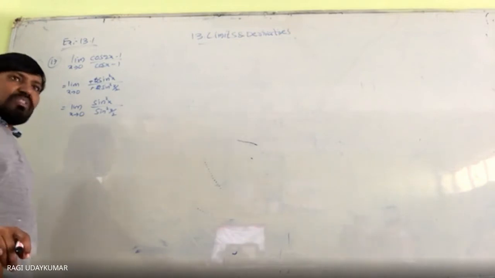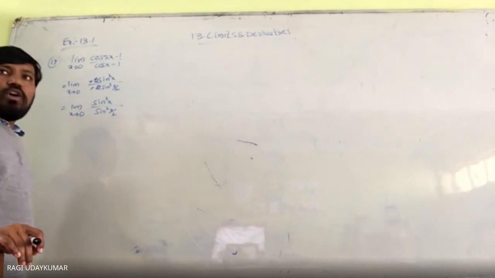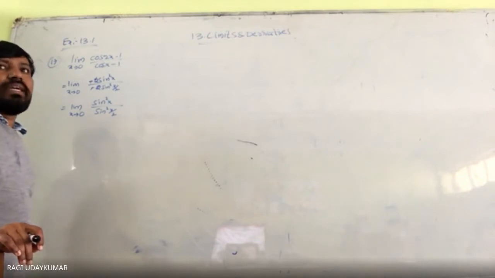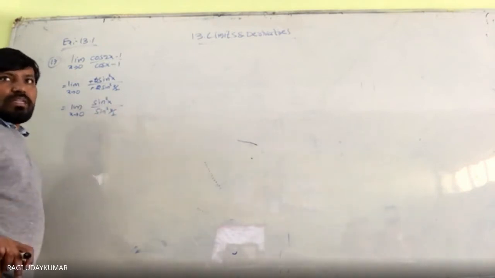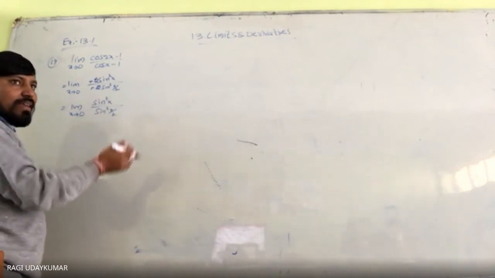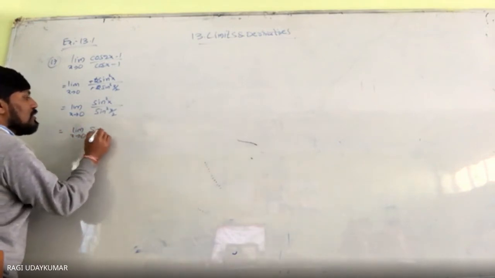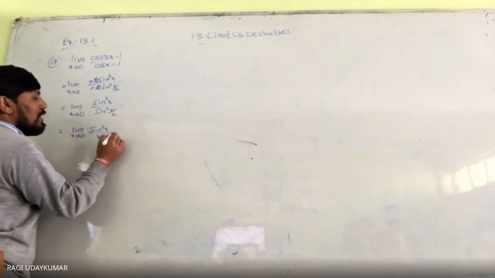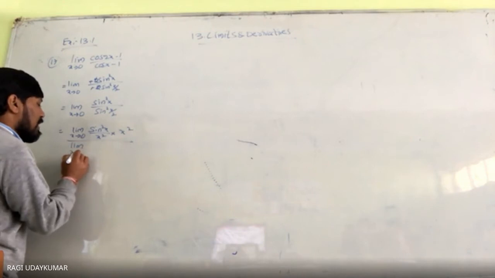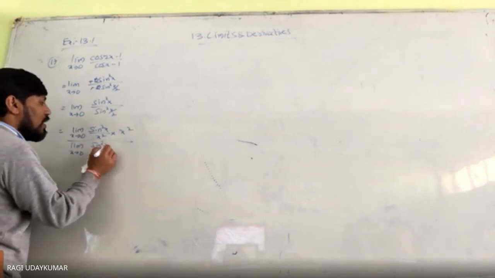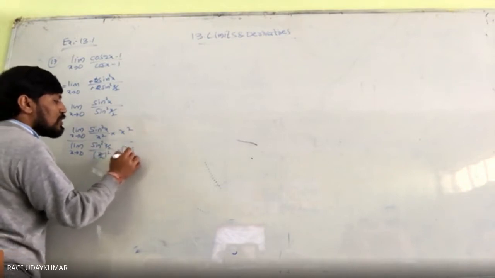How do you reform this into the form of sin x by x? In the numerator and denominator, you multiply and divide by x square. So this is the limit as x tends to 0 of sin square x by x square into x square, by the limit of sin square x by 2 by (x by 2) whole square into (x by 2) whole square.